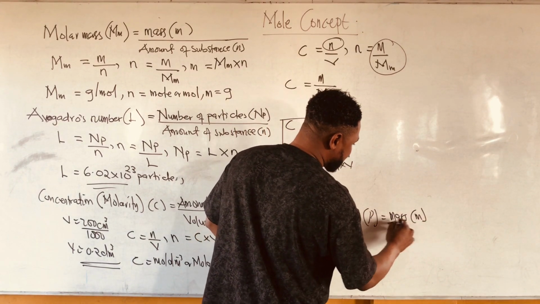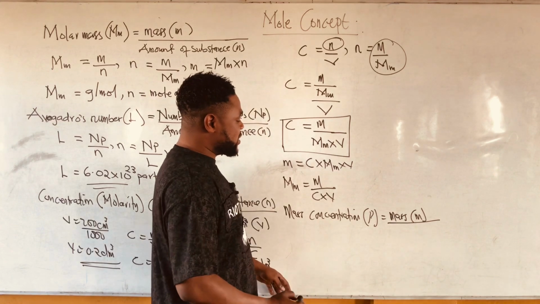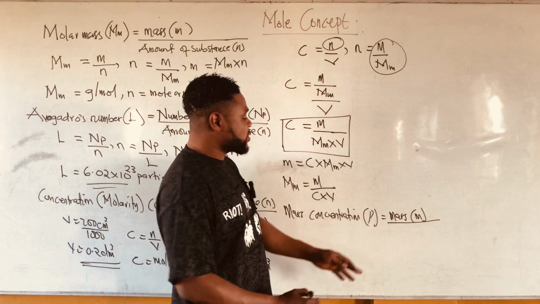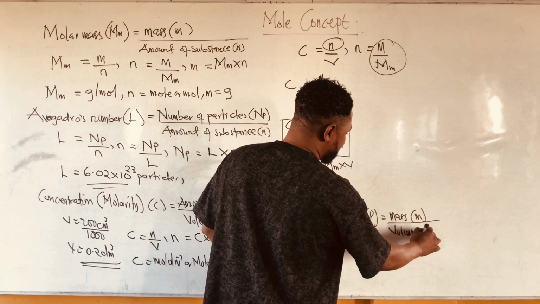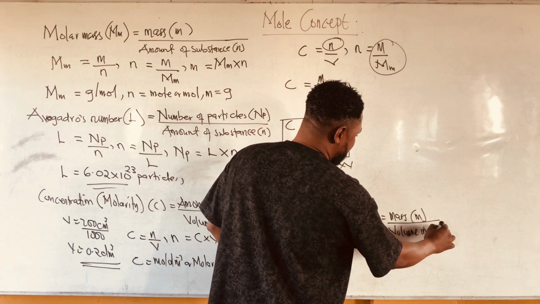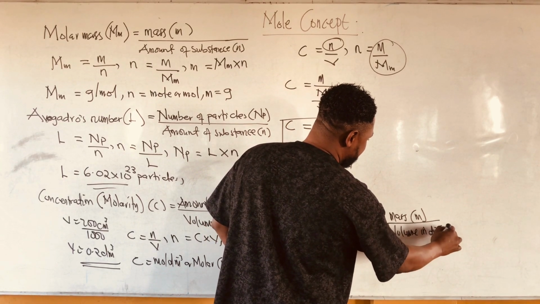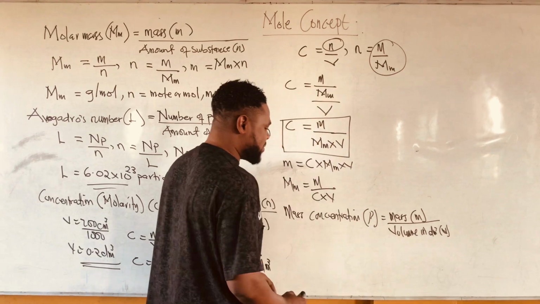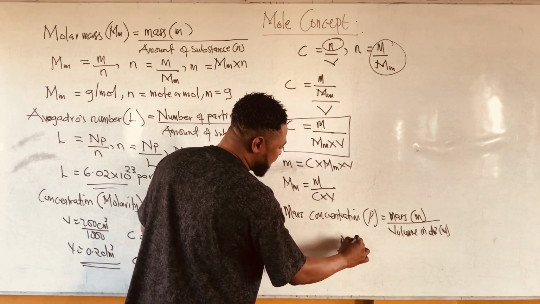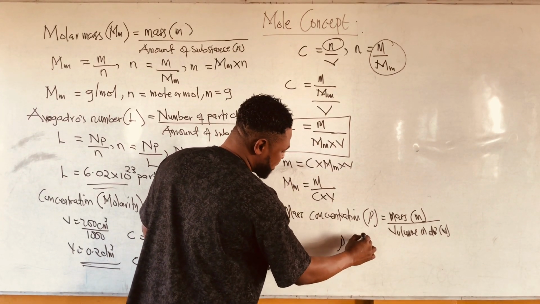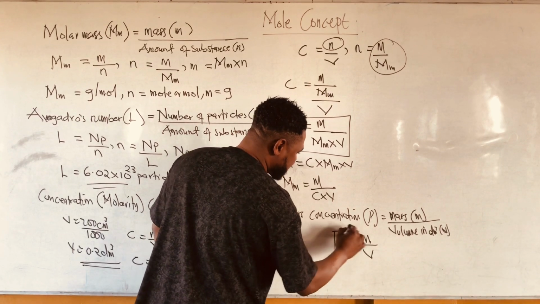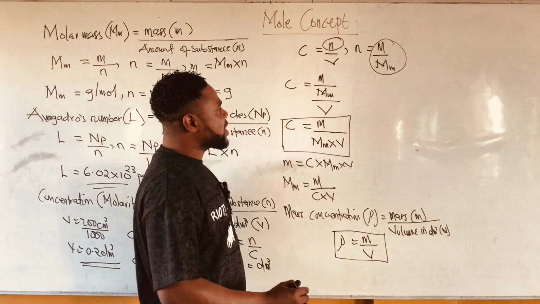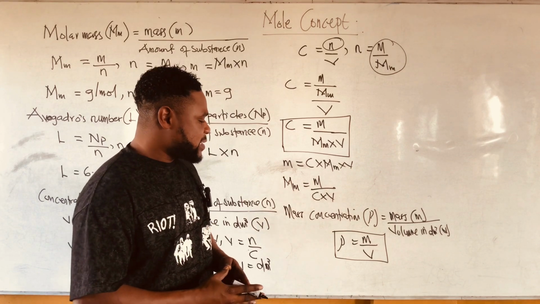Mathematically, mass concentration is equal to the mass of the substance divided by the volume in dm cube. Our volumes are all in dm cube, so we shouldn't forget that. We can shorten it as mass concentration is equal to m over V. So this is the formula that we can use to do calculations under mass concentration.